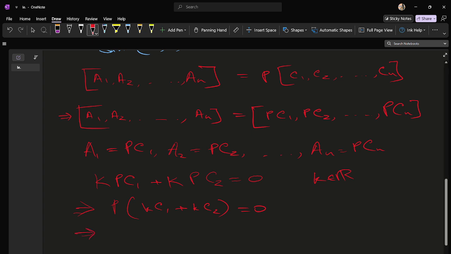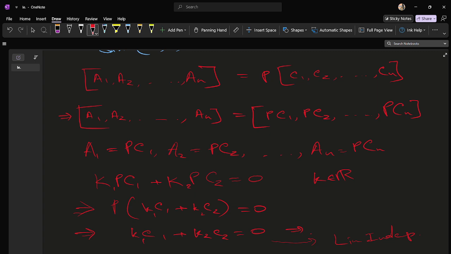So K1 C1 and K2 C2 will be 0. C1 and C2 are the columns of the matrix, which tells us these two are linearly independent. So our option C is true.